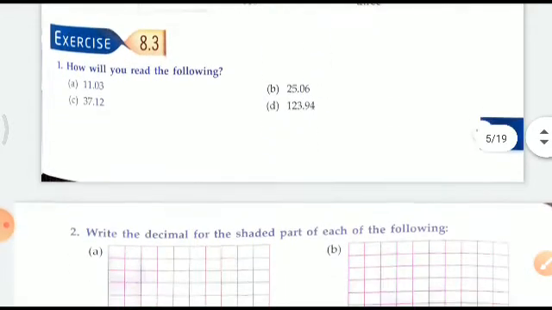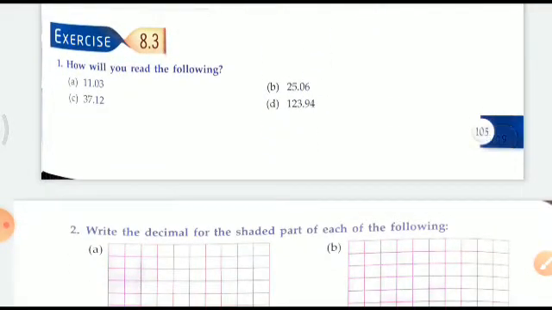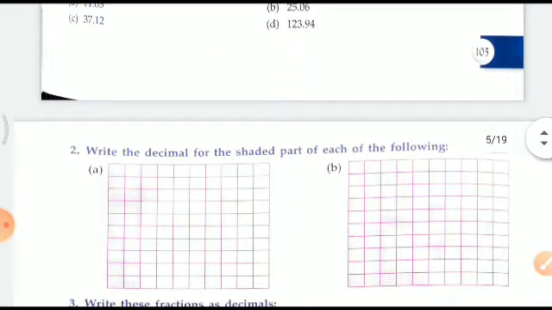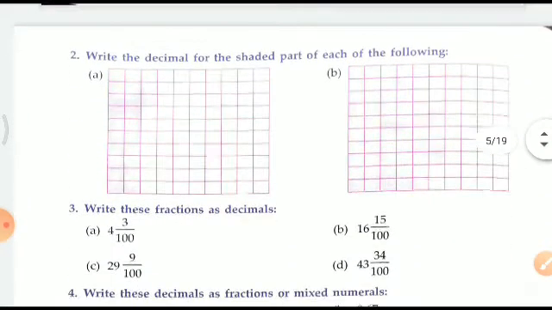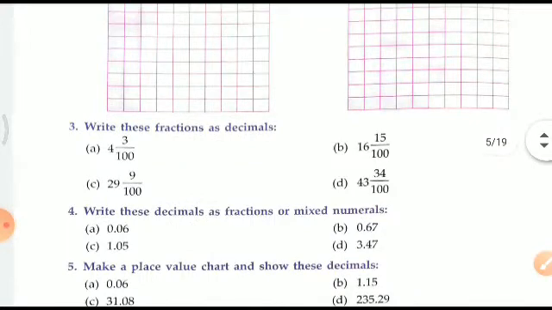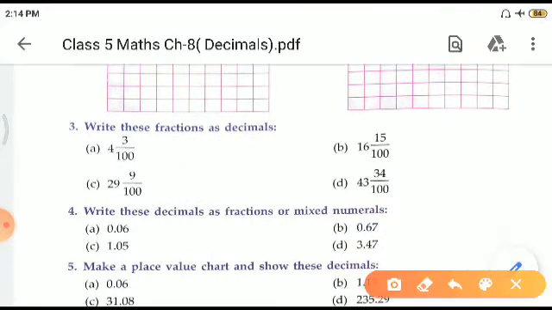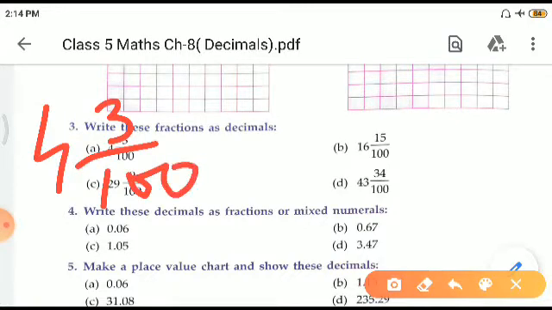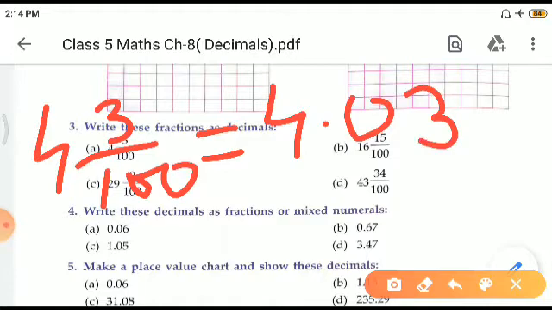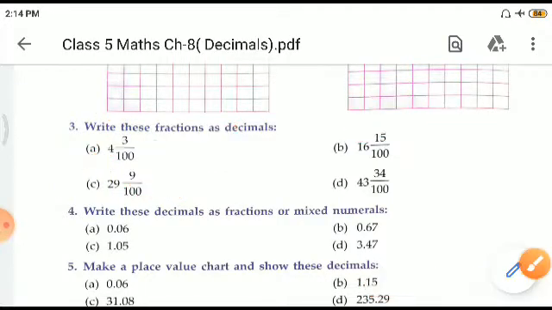How will you read the following? 11.03. 11 whole number 3 upon 100, or 25 whole number 6 upon 100, right? Write these fractions as decimal. See, we have 4 whole number 3 upon 100. So this will be written as 4.03, right?